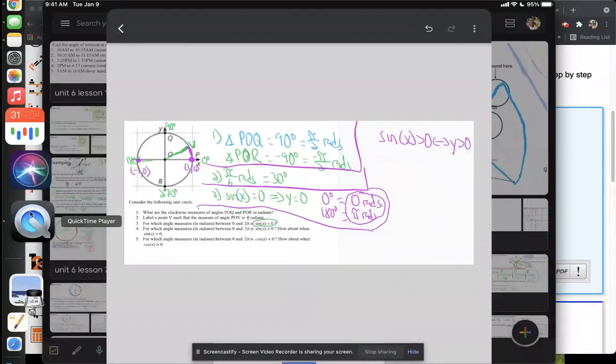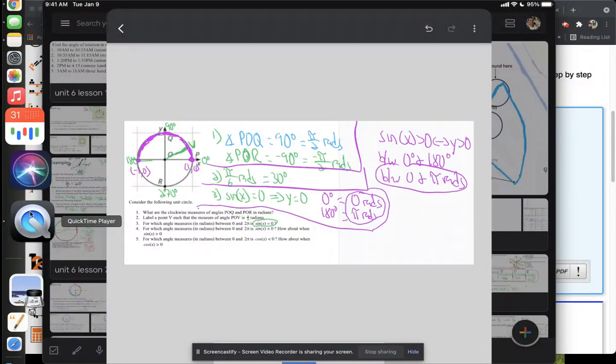Y is going to be positive in this range right here. So that's going to be between 0 degrees and 180 degrees. Okay. So in radians, that would be between 0 and pi radians.